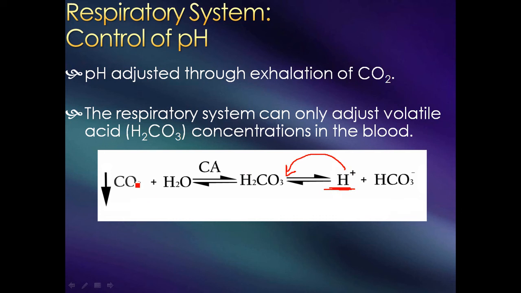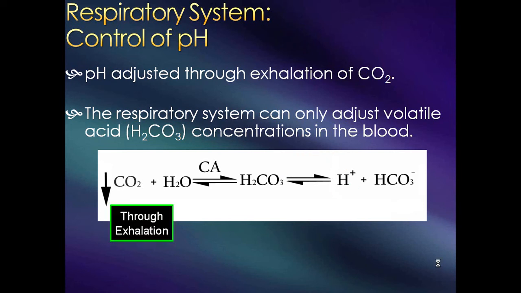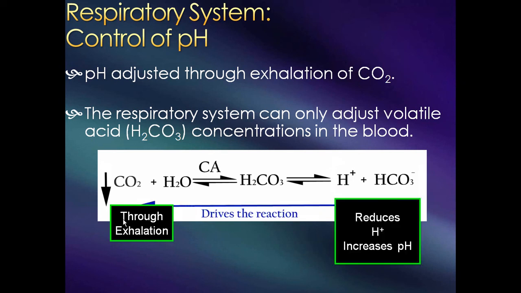So what do we do? Well, we hyperventilate. By hyperventilating, we get rid of our extra carbon dioxide, which through exhalation drives the reaction in that direction, which causes our hydrogen ions to disappear.